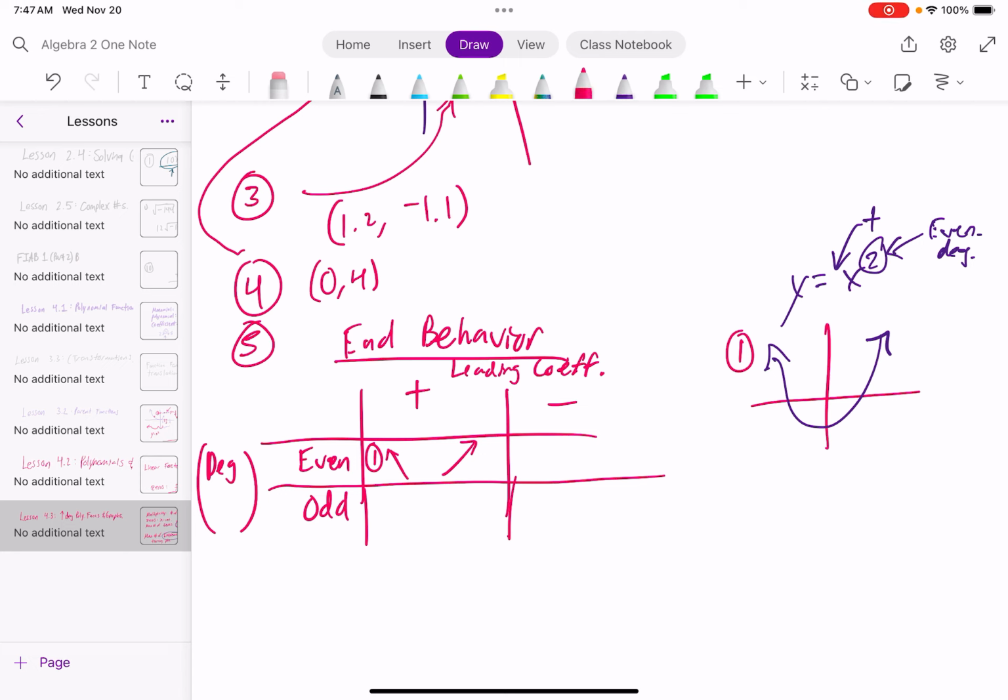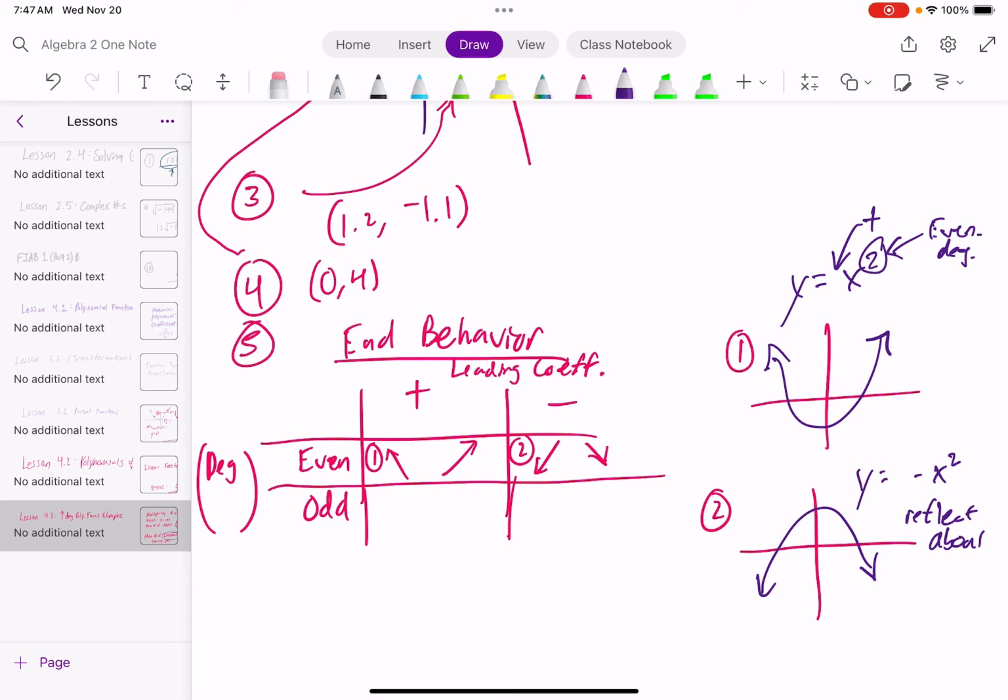Now for case 2, let's say it was even and a negative leading coefficient, and it will look like this. That makes a lot of sense, because that is y is negative x squared, which flips it. Reflect about what axis? The x.